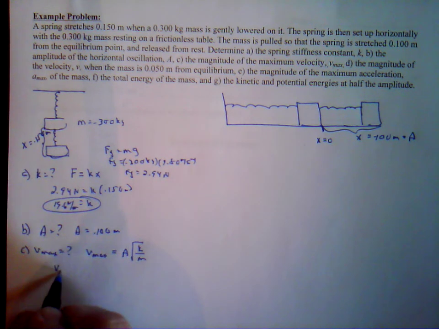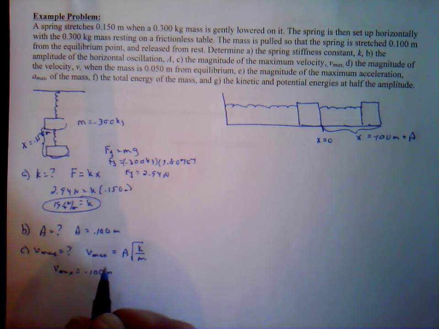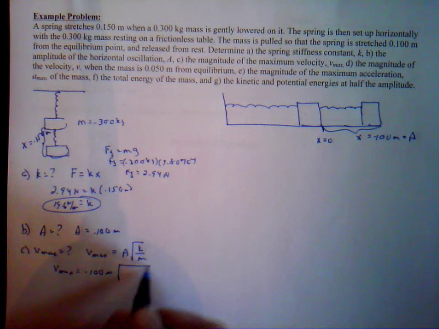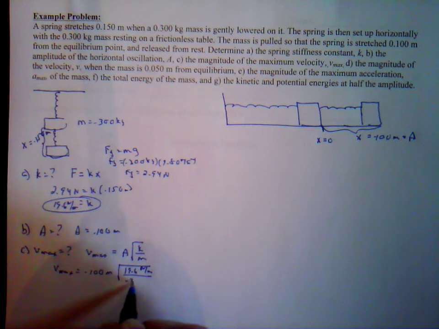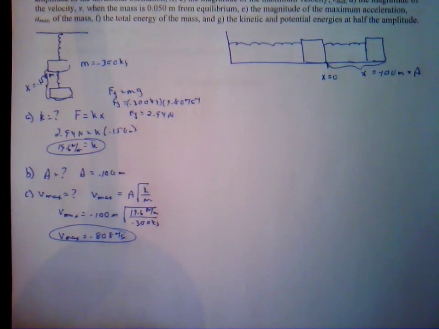So this maximum velocity is equal to amplitude, 0.100 meters, times the square root of k, which is 19.6 newtons per meter, divided by the mass of 0.300 kilograms. And if we do that calculation, we should get that maximum velocity to be 0.808 meters per second. Let's keep going.